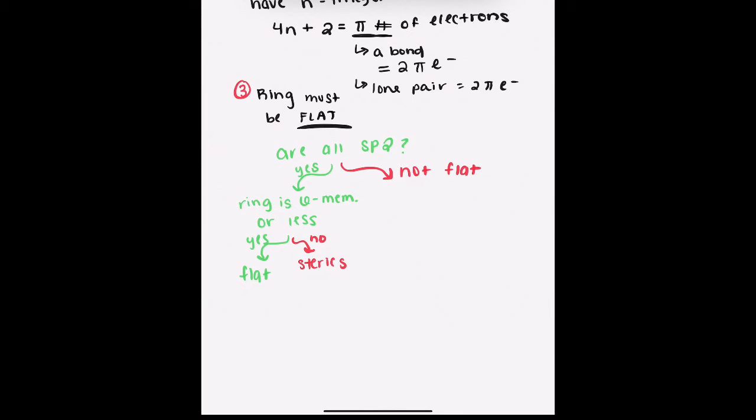So if there are sterics, then it's not going to be flat. And this comes when usually you have fused rings. So that can cause sterics. But if no, then you have to consider if n is an integer.